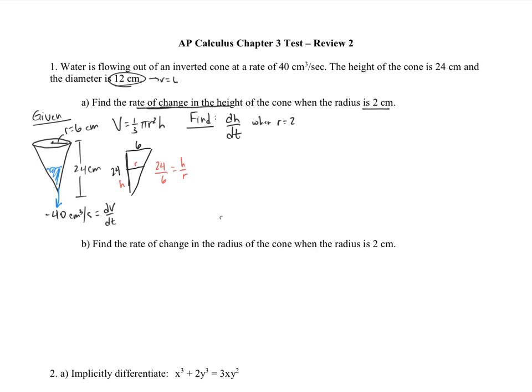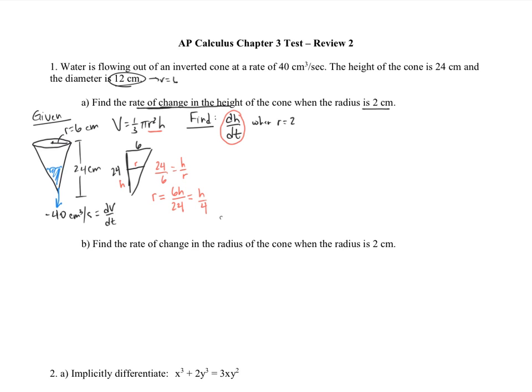In this problem, I want to find dh/dt, so I want to substitute so that this equation only has h's. That's the key here, and it simplifies this problem tremendously. So let's solve for r, since I want my problem to only have h's in it. I can cross multiply and divide: r equals 6h over 24. So r is simply h over 4.